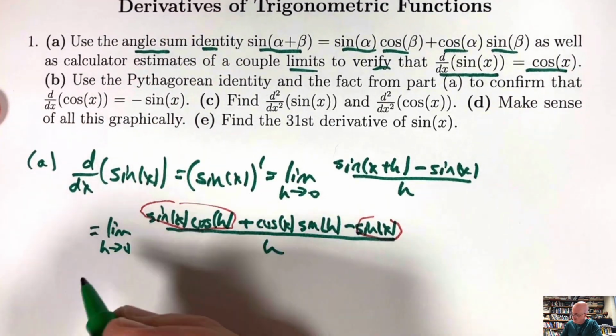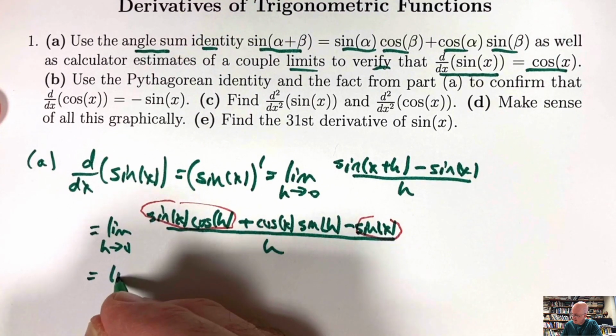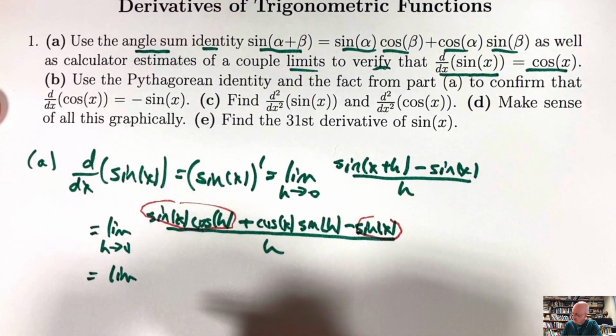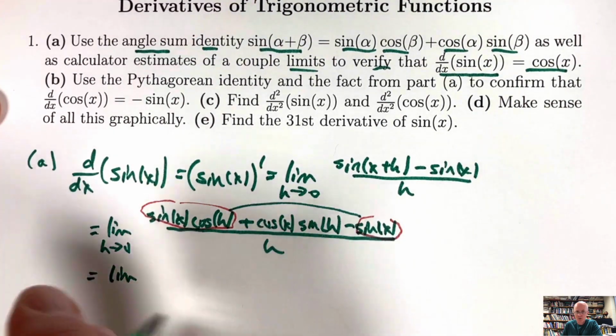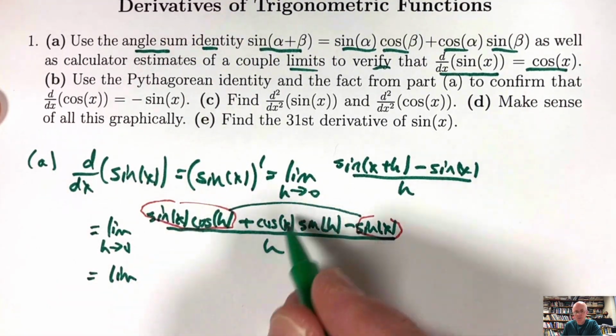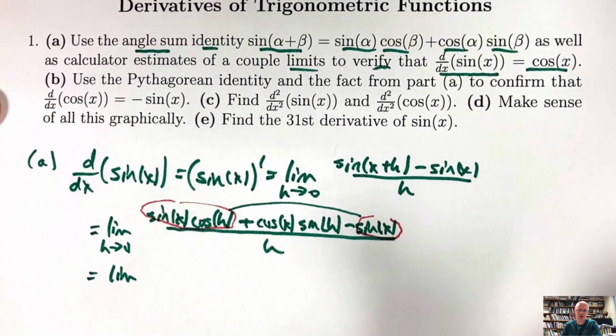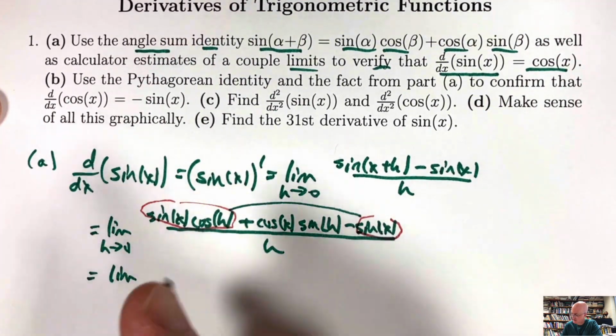You can also break this into two limits, because you can break the fraction into two fractions. I'll group these two terms together in one fraction, and I'll put this term in another fraction by the definition of how to add fractions. I'm going to break the fractions apart here.